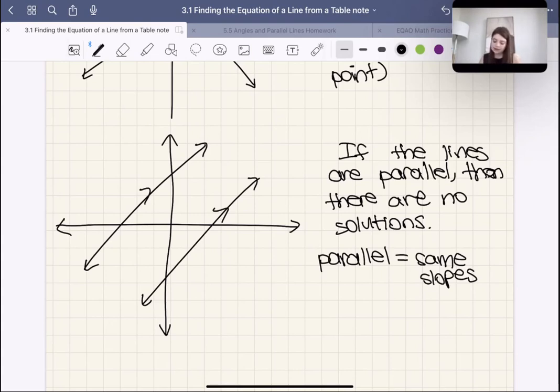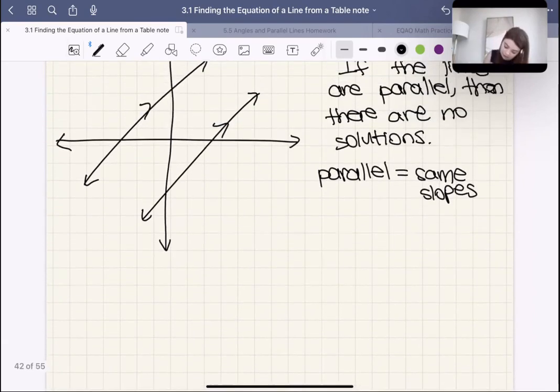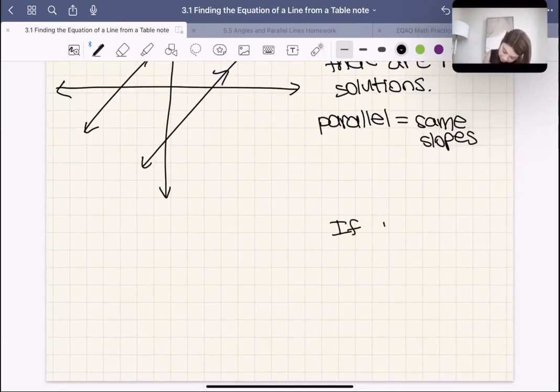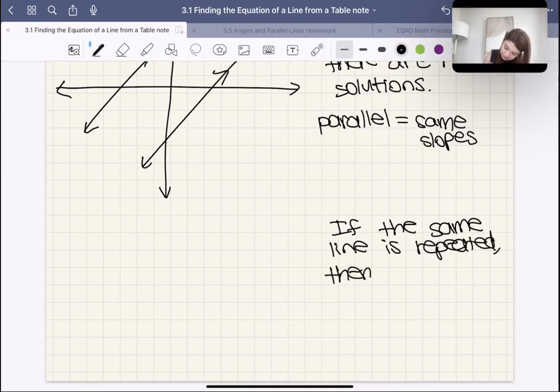But basically, if the slopes are the same, then there are no solutions. But there is one exception to this. If the lines are actually the same line, if the same line is repeated twice, then there are infinite solutions.